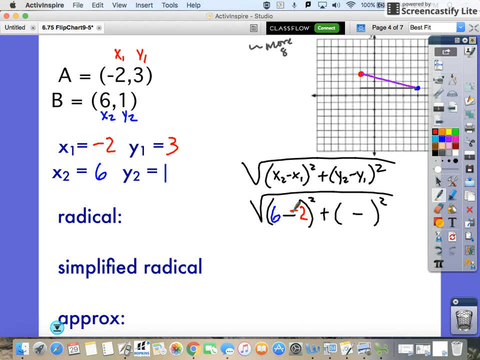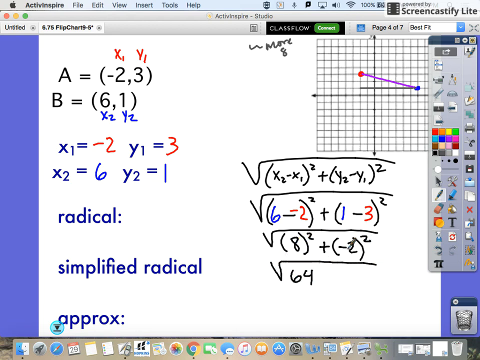You have to. y2 is 1, and y1 is 3. 6 minus negative 2 becomes 8. Minus a negative is a plus. This is negative 2 squared. 8 squared is 64. Negative 2 squared is 4. You need parentheses. Without parentheses, your calculator will say negative 4, but it should be a positive. Negative times a negative is a positive.